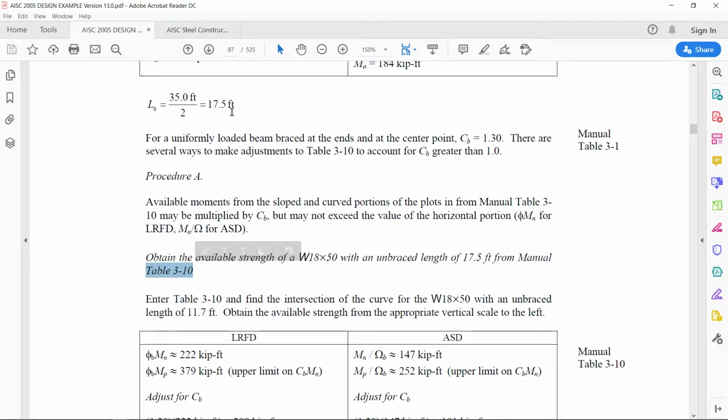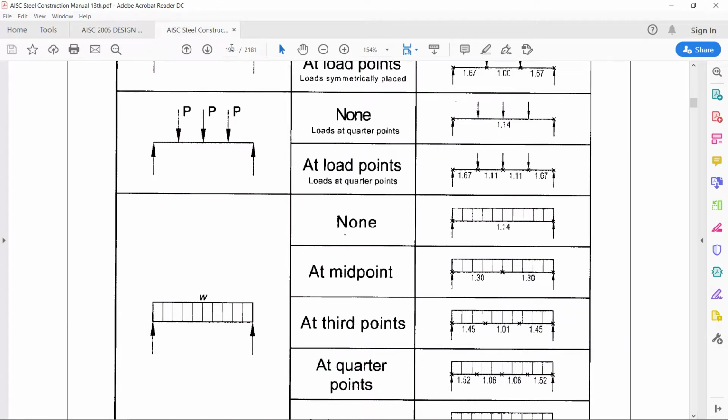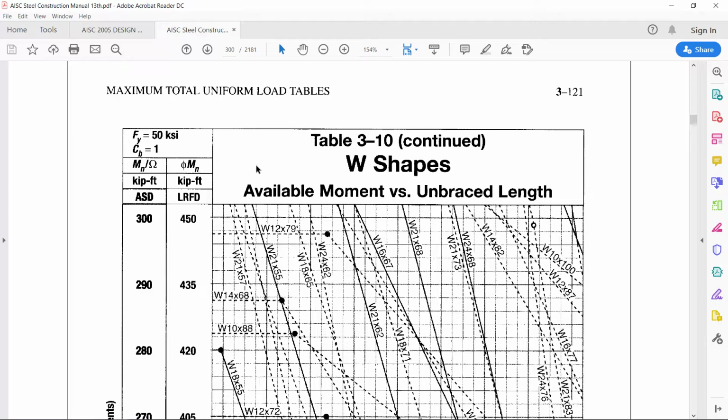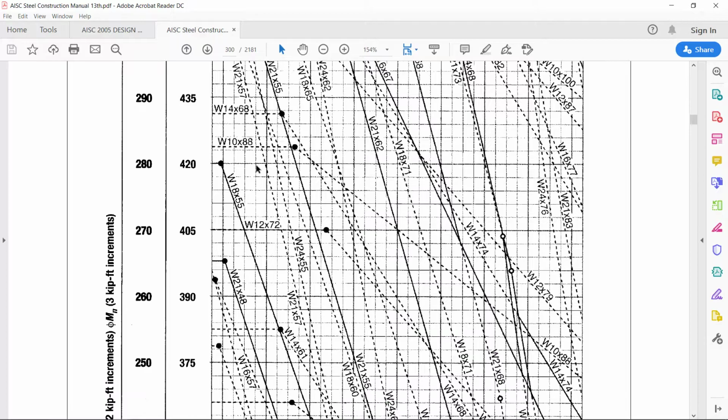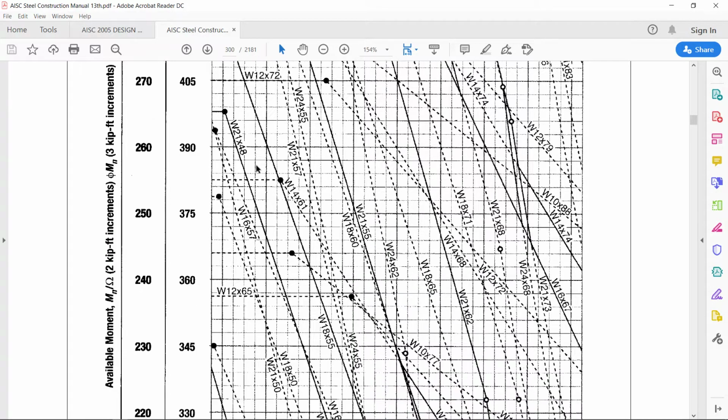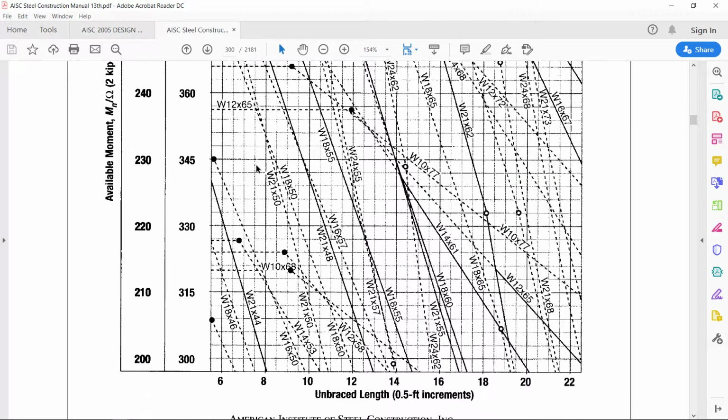When we go to table 3-10, this is table 3-10, and we can see that W18x50, this is the curve for W18x50. This W18x50 does not go to a span length of 17.5.